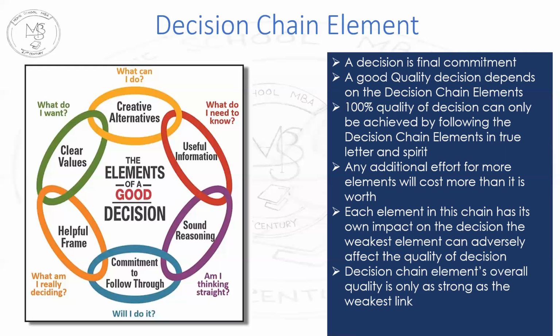So once you have understood the problem and you know your values, and how you are going to create those alternatives, and you have already got useful scientific information, now you can reason it out: what, when, where, why. You can always discuss the elements of good decision.